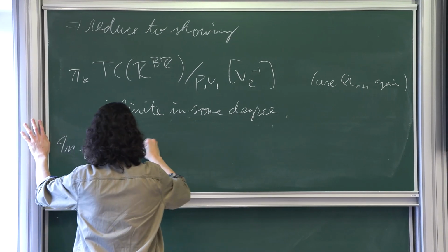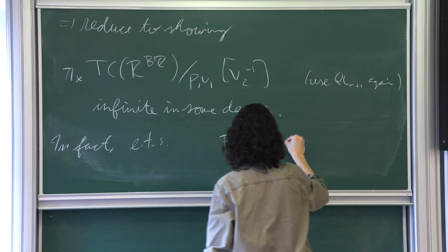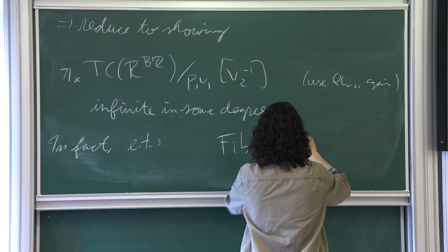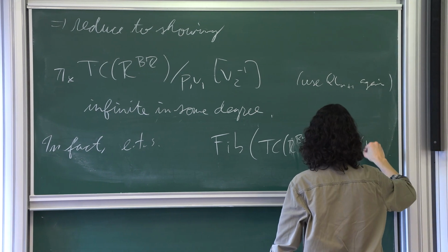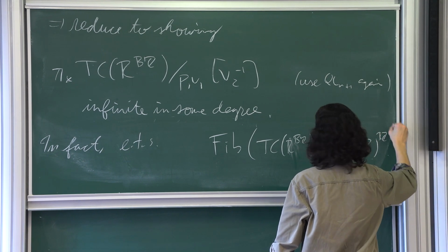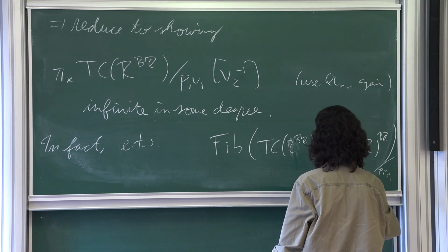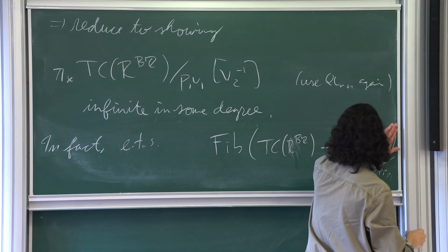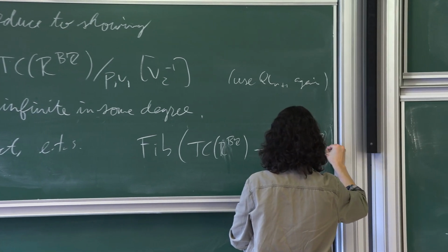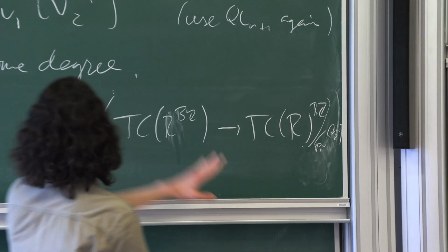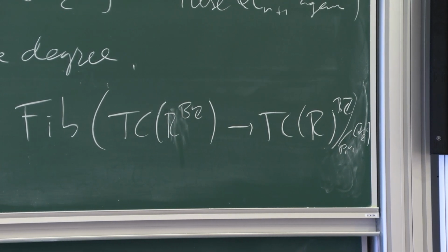It's enough to show, we're actually going to analyze the fiber of the comparison map, again mod p, v1, and then v2 inverse. Oh boy, I apologize. The same thing written there is infinite in some degree.